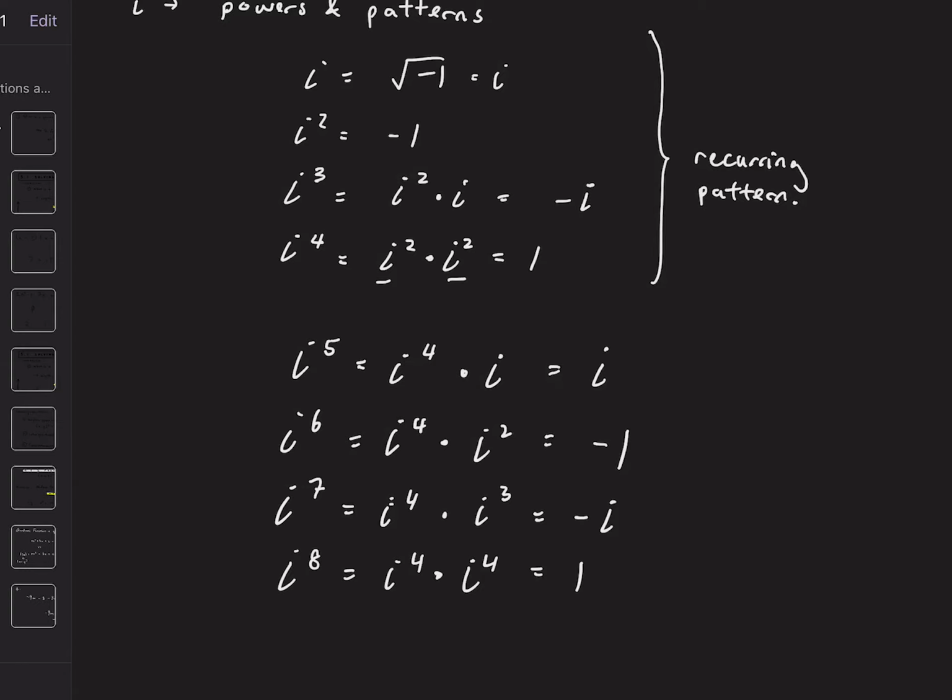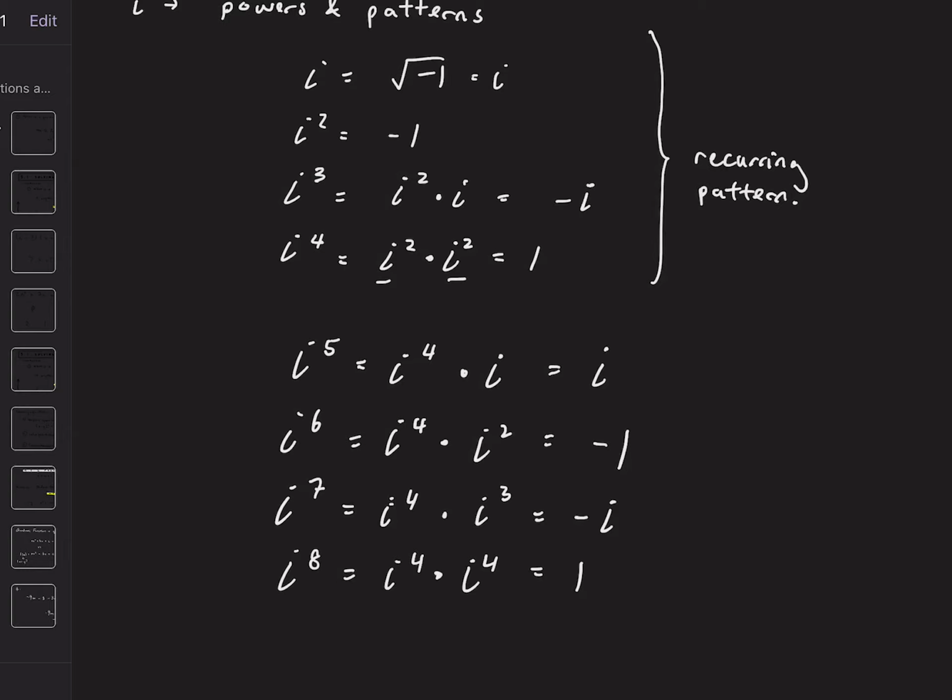And this is because we can take advantage of the fact that there is at least i to the power of 4 in every i to the power of a very large number. And as i to the power of 4 is just 1, we can use this property to simplify and see what the actual value being represented by all these i's stacked on top of each other actually is.